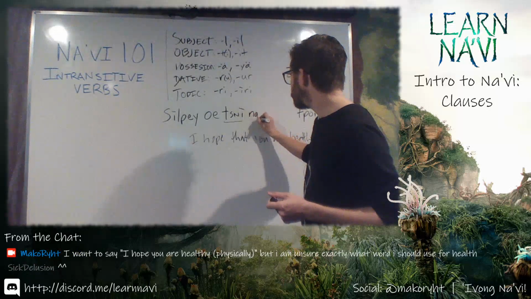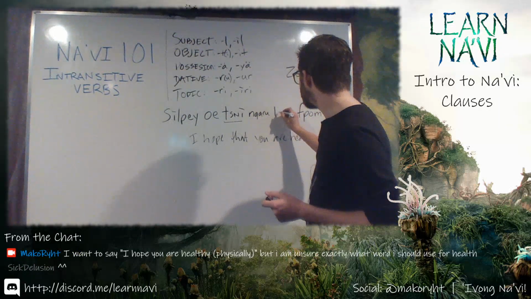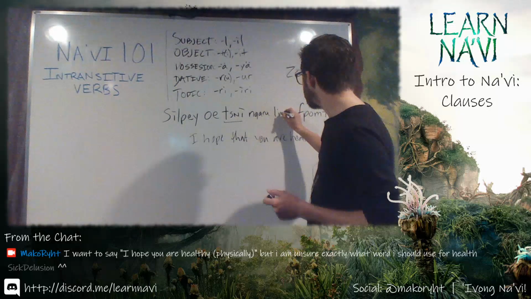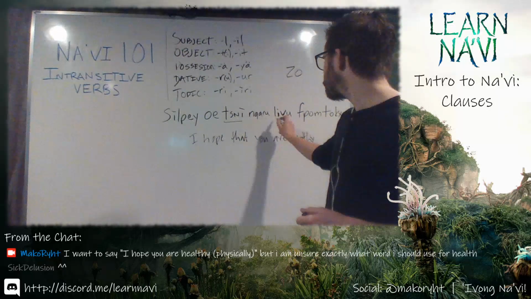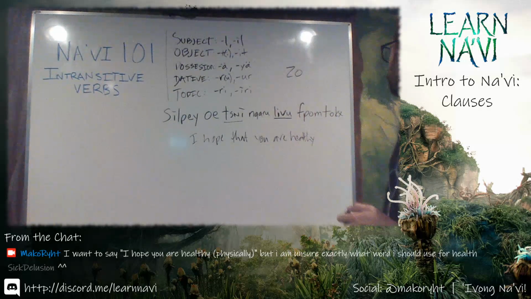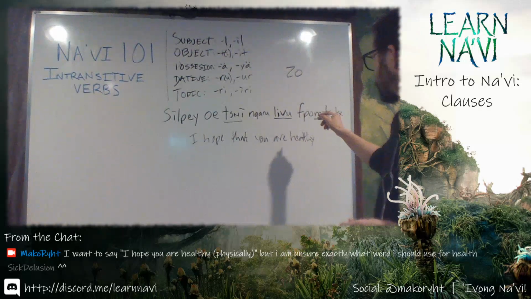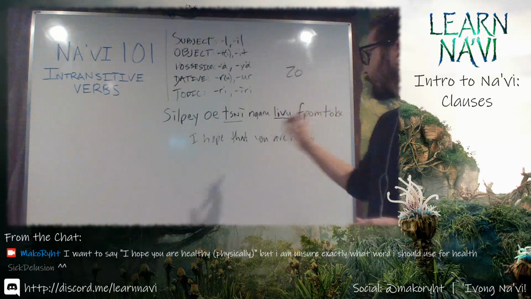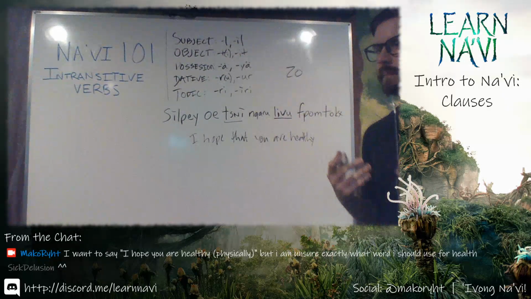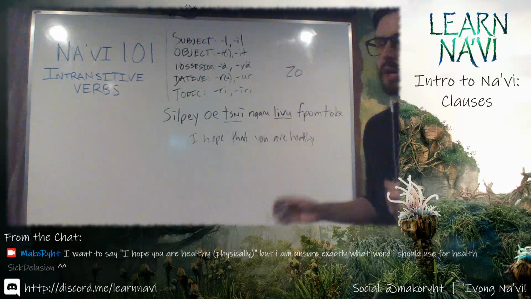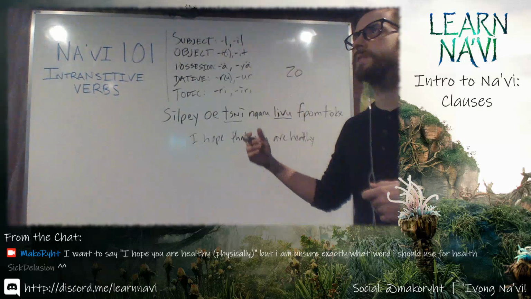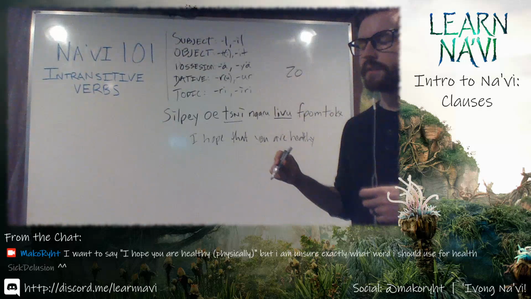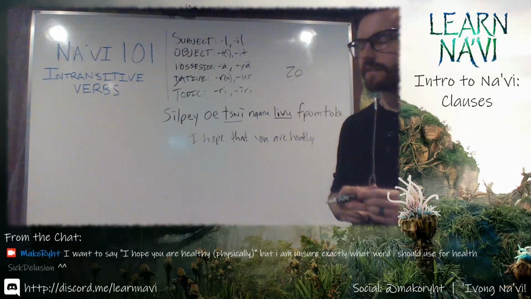So, ngaru livu, pomtok. There is an infix, and we will get into infixes in a future lesson, so don't worry if you don't quite understand what's going on right there. So, because it's a hope, because it's a wish, something that might not actually be the case, it takes the subjunctive. We'll get into the subjunctive in a future lesson about our infixes in Nufi.